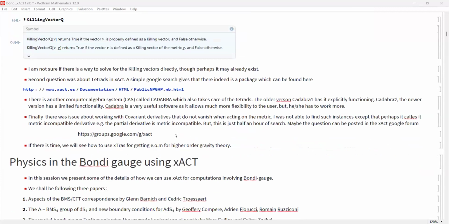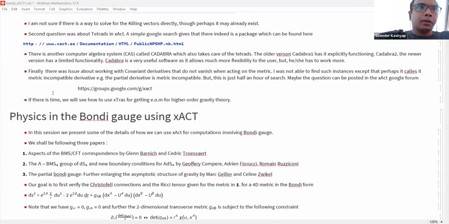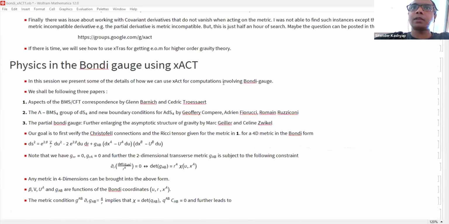Go ahead. See how we can use xAct to learn some physics in Bondi gauge. In this session, we present some of the details of how we can use xAct for computations involving Bondi gauge. We shall be following three references.